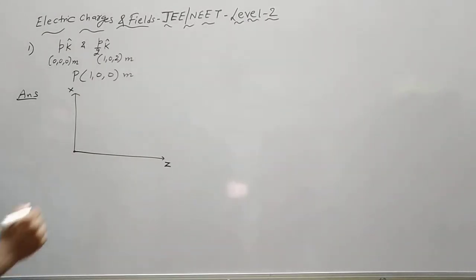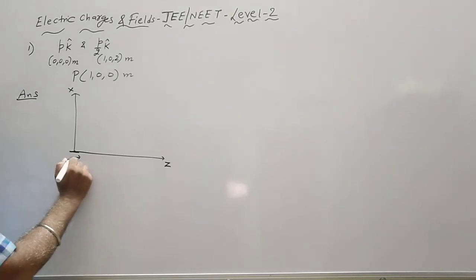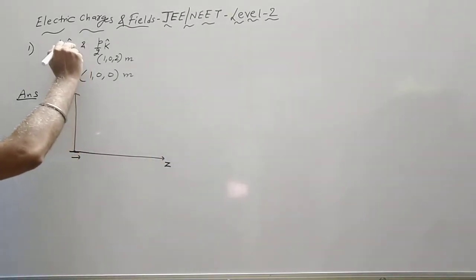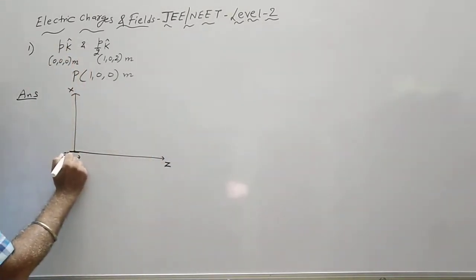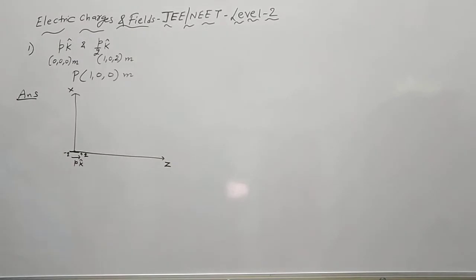Since it is a point dipole, we draw it by a very small line. Its dipole moment is from negative to positive charge, that is along k cap, so we assume this is minus q and this is plus q. So the dipole moment is along the z-axis. This is one dipole which is at the origin.